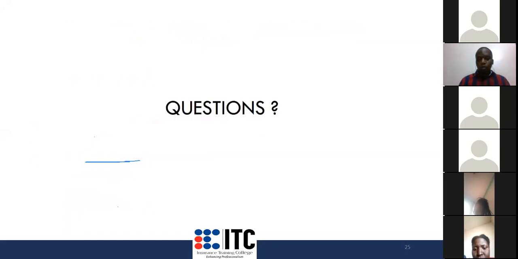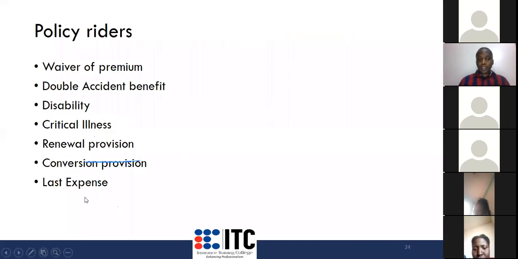For example, the last expense rider is actually a term assurance, but what it does is it pays out specifically based on funeral costs. So it's to tweak that endowment to bring it closer to what you want for your client.